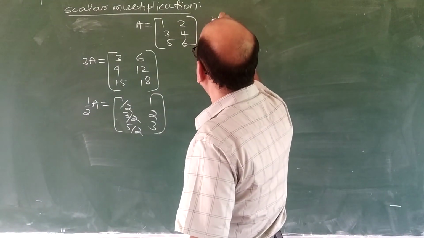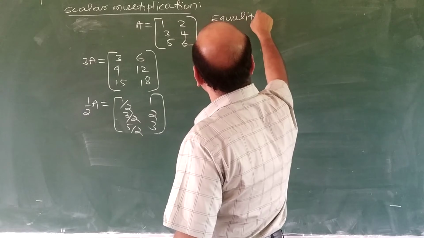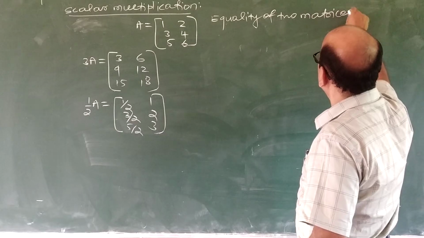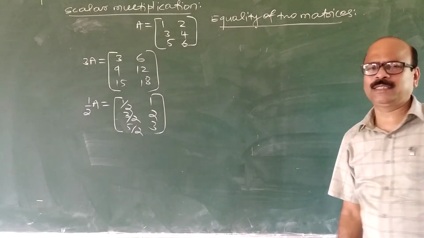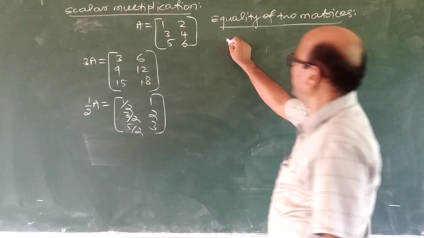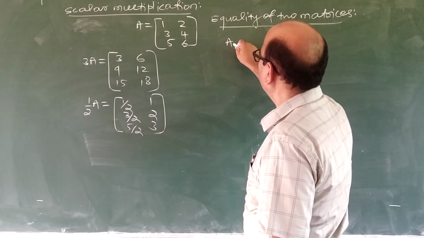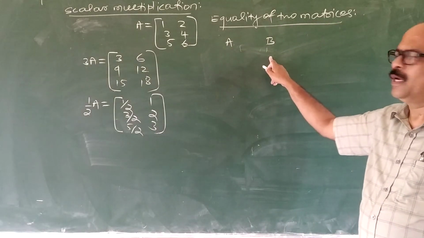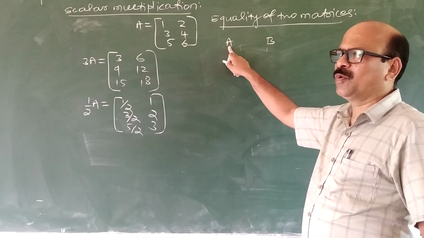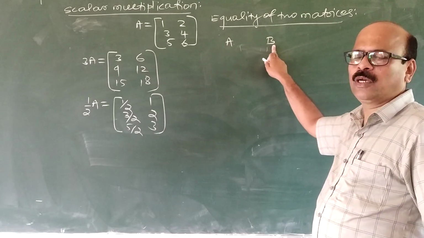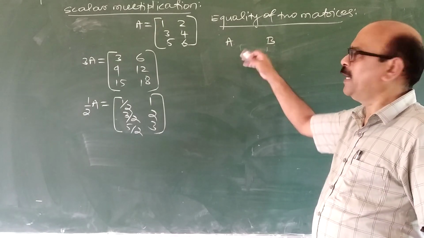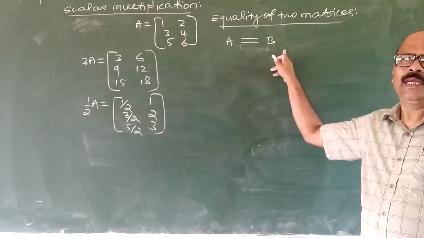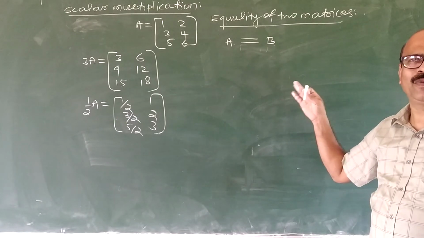Now, equality of two matrices. When we say that two matrices are equal, suppose A and B are matrices of the same order, and all the corresponding elements of A are equal to the corresponding elements of B. Then only we say that A is equal to B. Here A equal to B means A is the duplicate of B. They are not different.